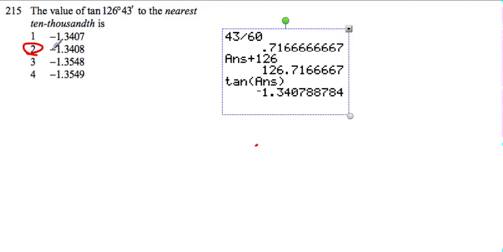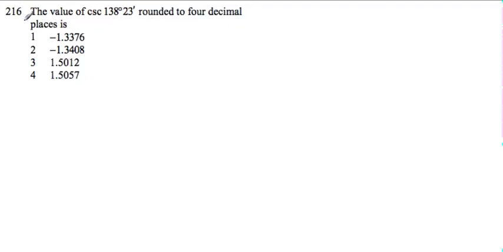Alright, let's look at number 216. Cosecant, once again, of 138 degrees and 23 minutes is equal to 1 over sine of 138 degrees and 23 minutes.